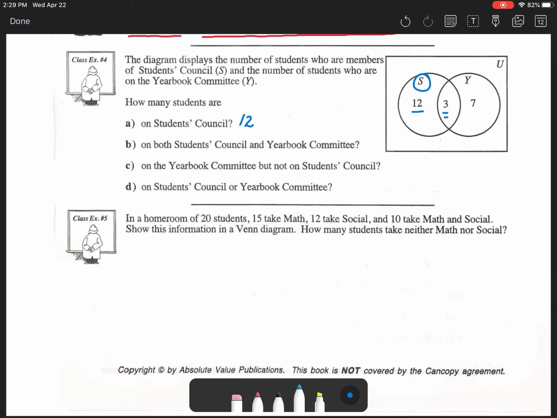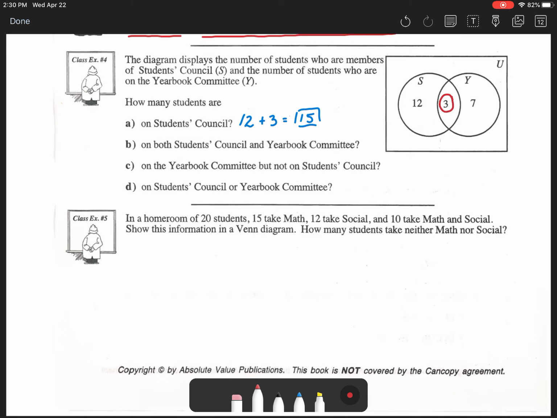Well, I have 12 students that are only on student council, but then I have these 3 students that are student council and yearbook. But those 3 are still on student council. So when I do that calculation, it would be the 12 students that are only on student council, plus the 3 students that belong to both student council and yearbook. So there are 15 total students that are on student council.